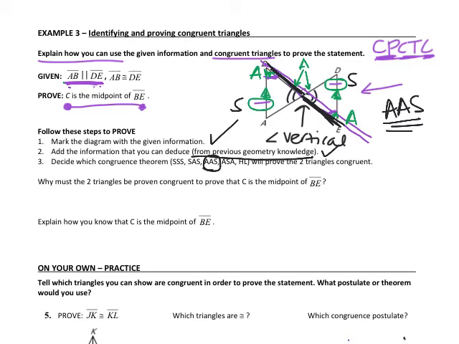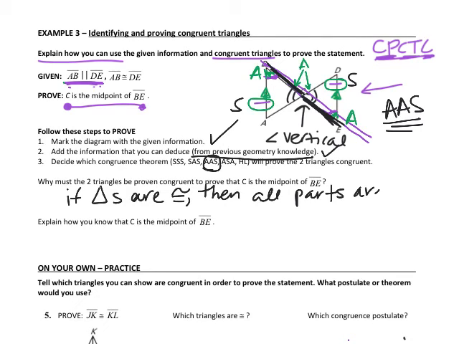Now, why must the two triangles be proven congruent? To prove that C is the midpoint of BE. So here's where the CPCTC comes in. If the two triangles are congruent, then all parts, we can say all corresponding parts, but I'm just going to write in all parts are congruent, and that's where we want to say CPCTC.